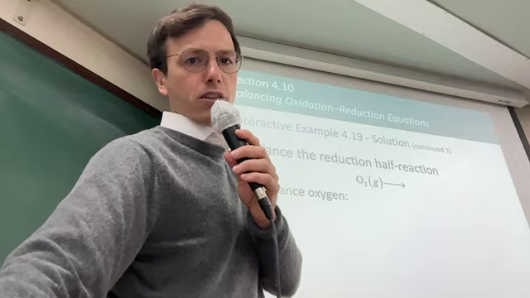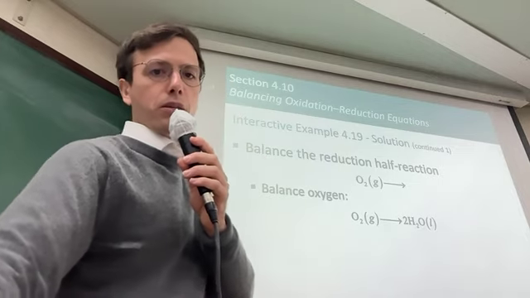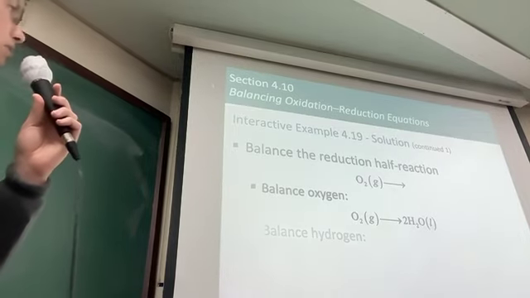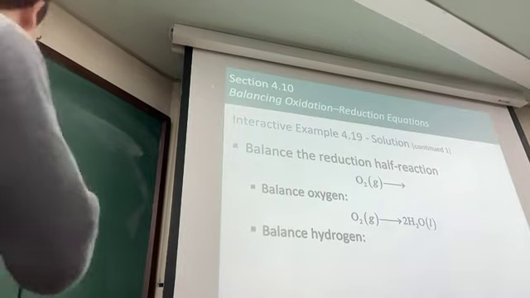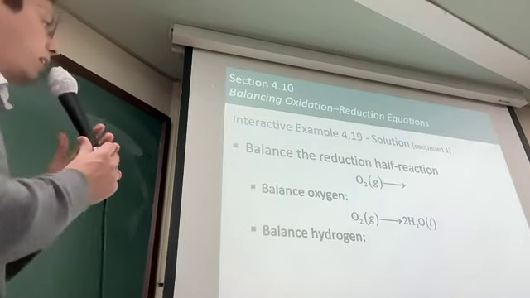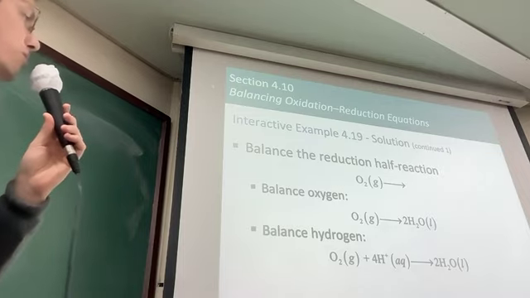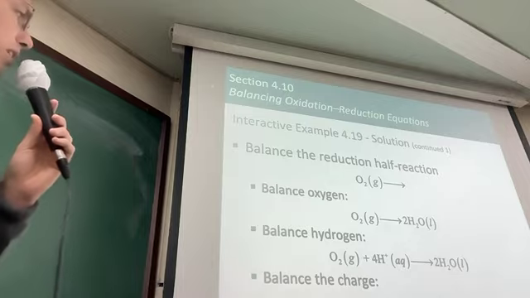For the reduction, you have O2, water, right? Oxygen is getting reduced to water naturally. And then you could do it in the 2 ways again. You could use my way and balance the electrons first, or you could use their way and balance the hydrogen first, and then the electrons.